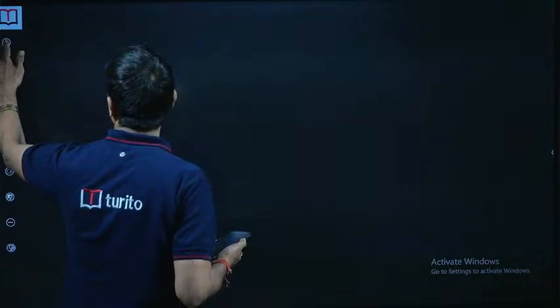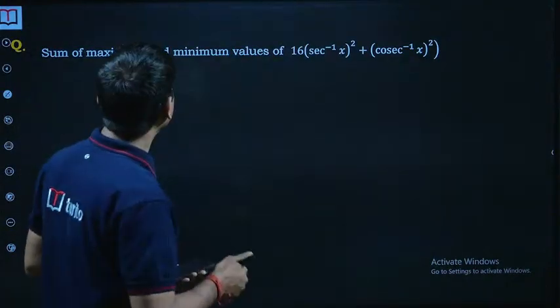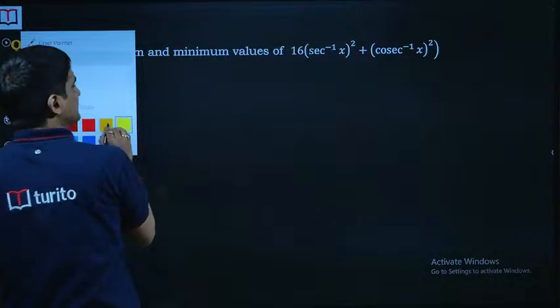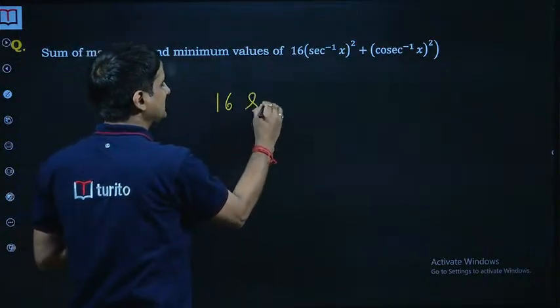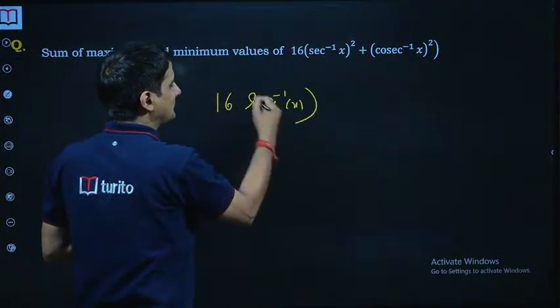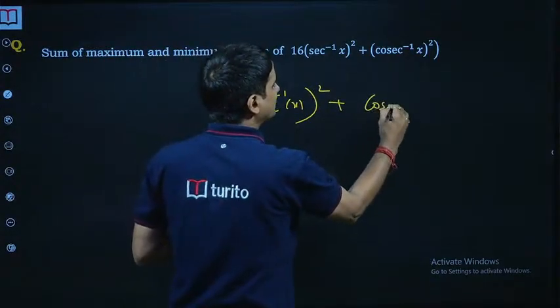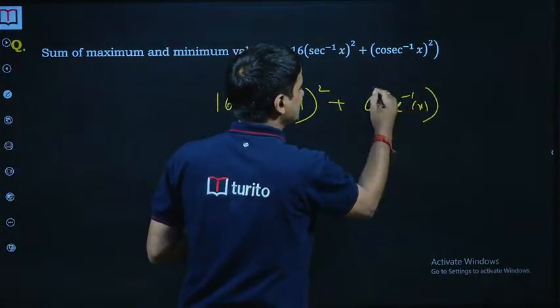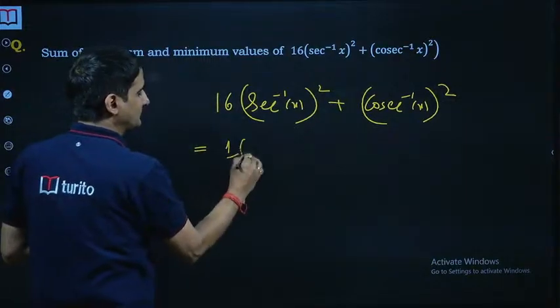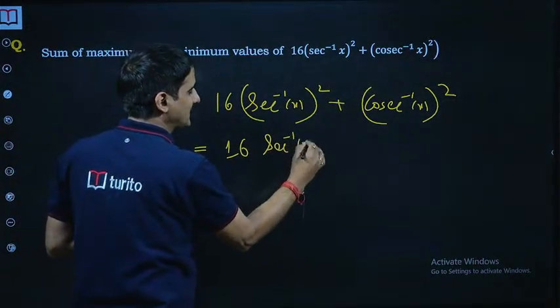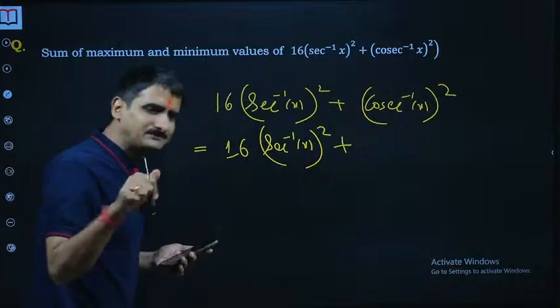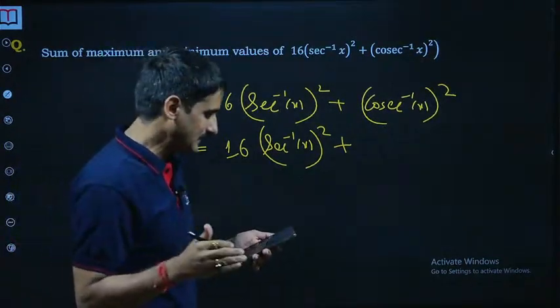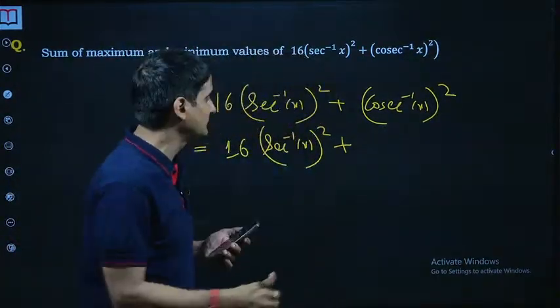So hence we can use this formula here in probability. Sum of maximum and minimum values of 16 (sec inverse x) whole square plus (cosec inverse x) whole square. I think all of you know how to approach it, but still I will briefly cover that part. We have the identity that sec inverse x plus cosec inverse x is pi by 2.